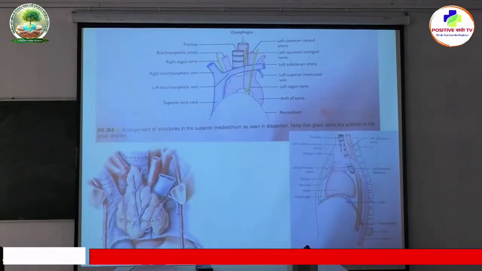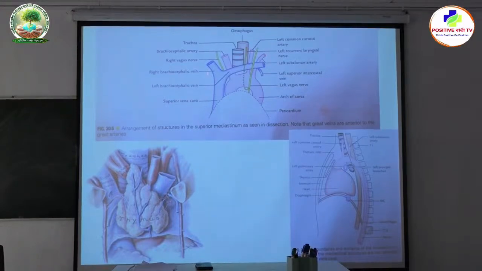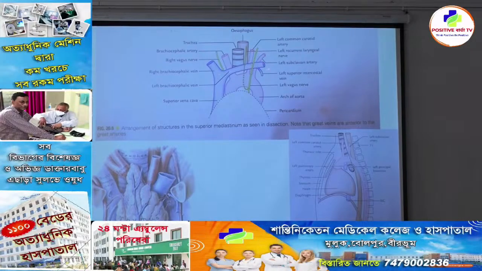See here, this is thymus gland. Okay, lying anteriorly. Different structures have been shown here. See, these are two brachiocephalic veins, right and left, and this is left superior intercostal vein which is draining into left brachiocephalic vein. These two brachiocephalic veins are joining to form the superior vena cava.